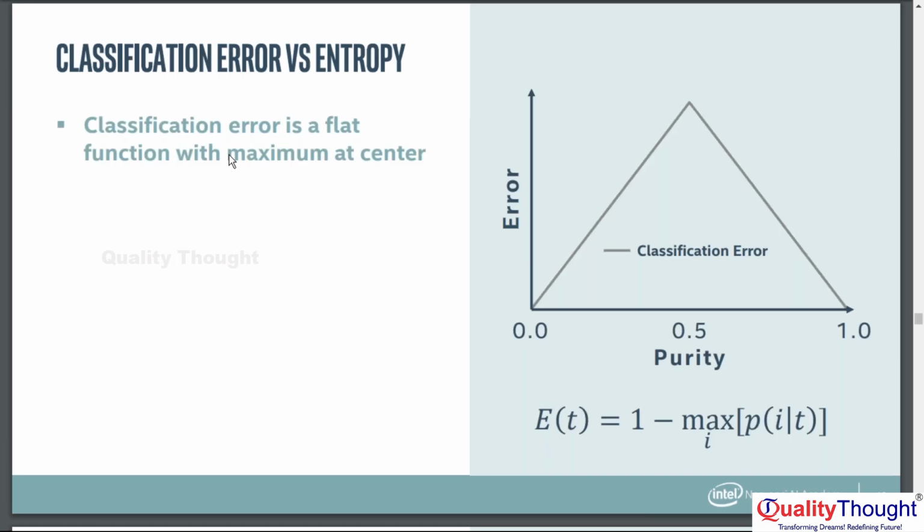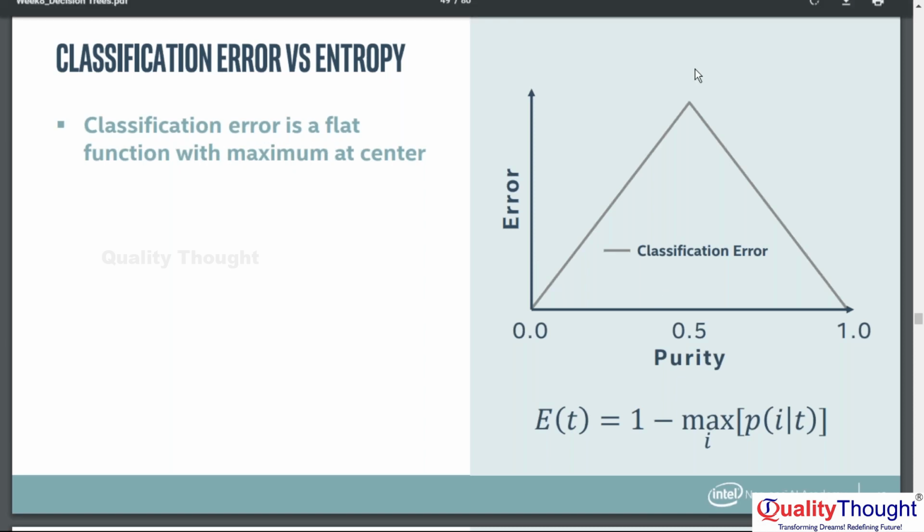Okay, so here the classification error versus entropy means like why the classification error won't make any homogeneous separation, whereas entropy made it. What exactly is the difference here? The classification error is a flat function with a maximum at the center, something like this one.